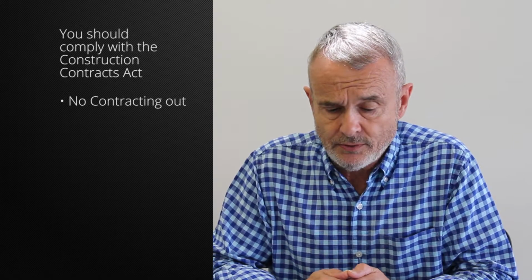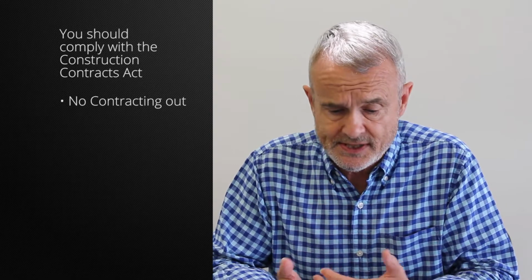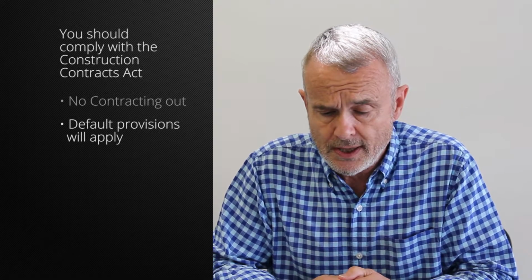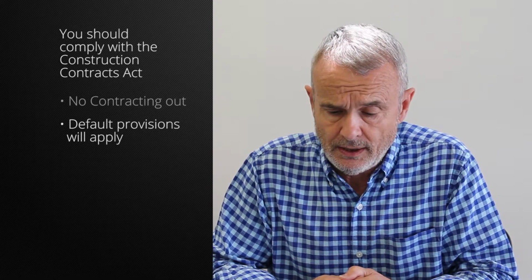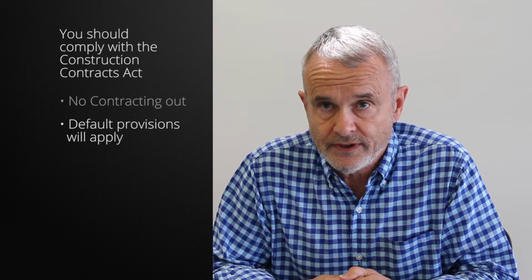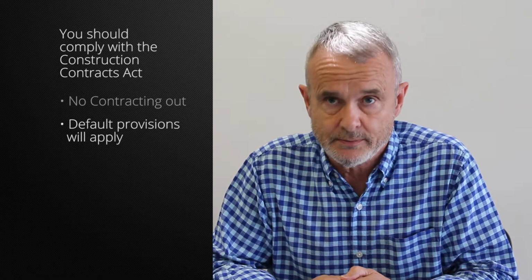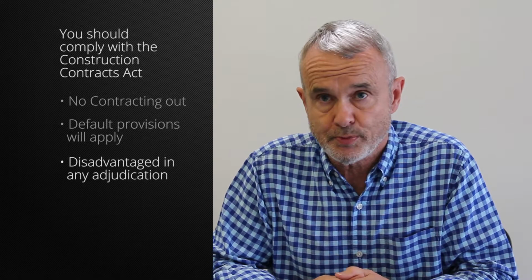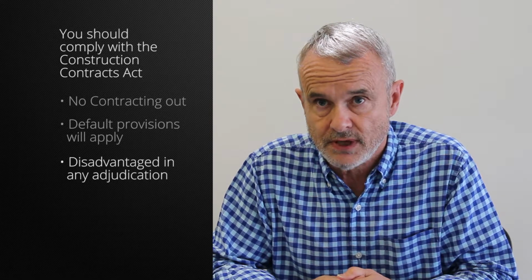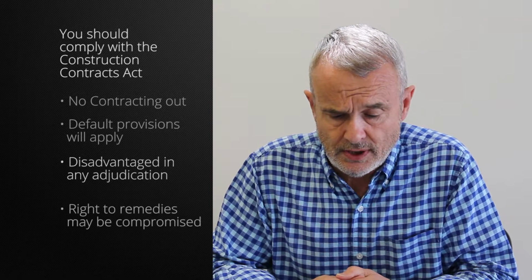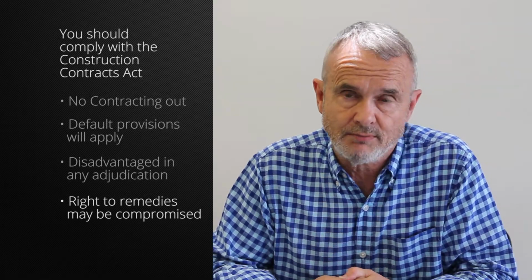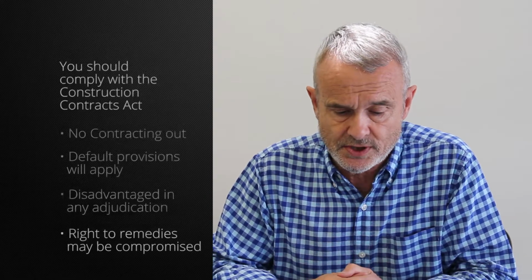If your fee agreement or fee claims do not meet the CCA, the default provisions of the CCA apply in section 15 if there is no fee agreement or bits of it are missing. You may be disadvantaged in any adjudication or court proceedings if this is not done. Your right to remedies under the CCA may also be compromised, so you might put yourself in a slightly difficult situation.